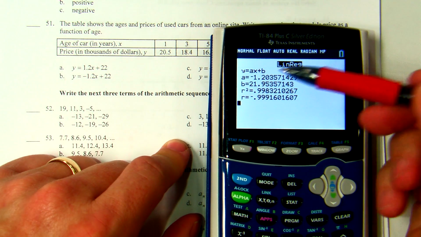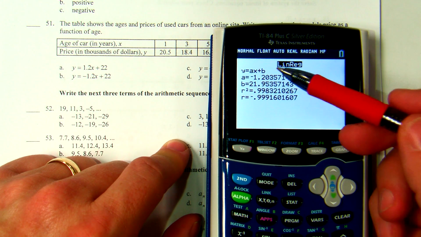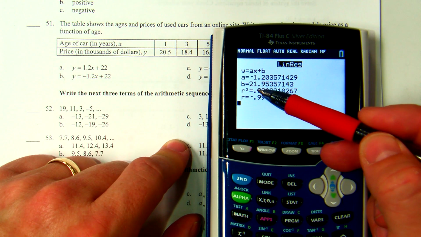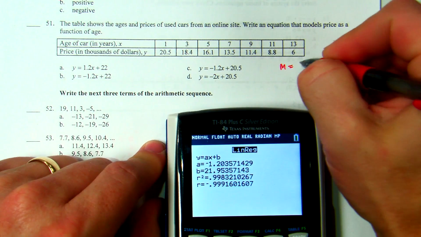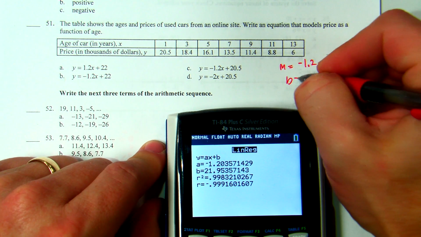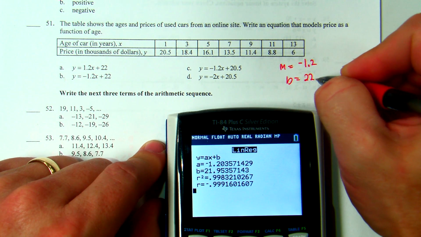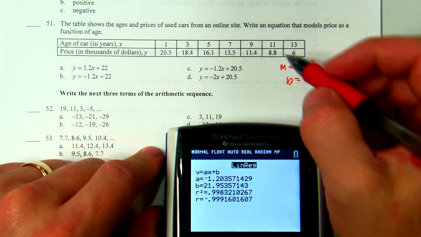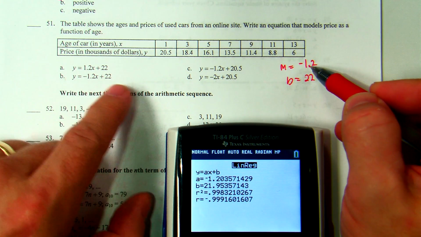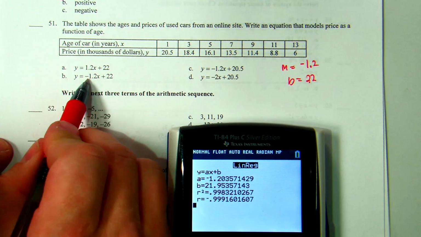Okay, I'm going to go down and calculate. And if you'll notice, it's going to give me the m, or the slope, negative 1.2. It's going to give me my b, or my y-intercept, of 22. So the m is negative 1.2. The b is 22, roughly, rounding up. So my equation should be y equals negative 1.2x plus 22.